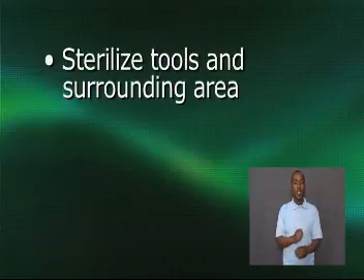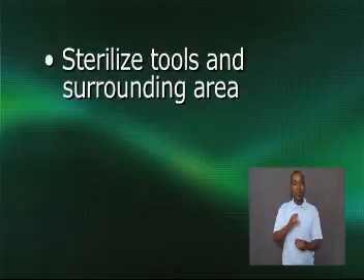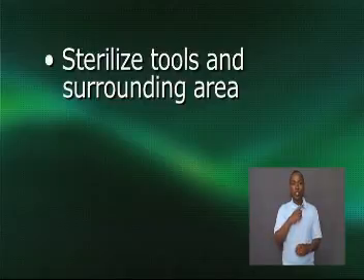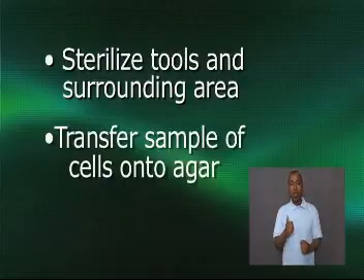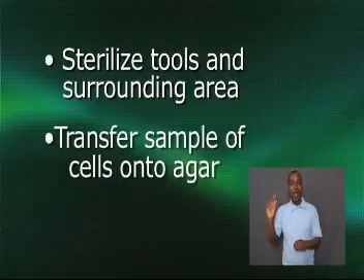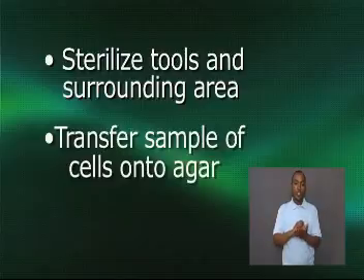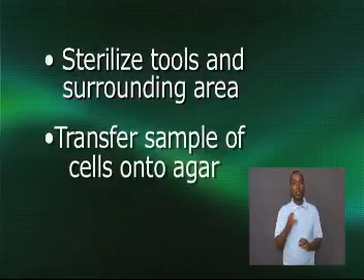To sterilize the area, chemicals or heat sources, such as dry heat or hot air oven, must be used. The tool used to transfer the microorganisms to the agar, which is called the inoculating loop, must be sterilized. This is done by holding it over a flame and then letting it cool.